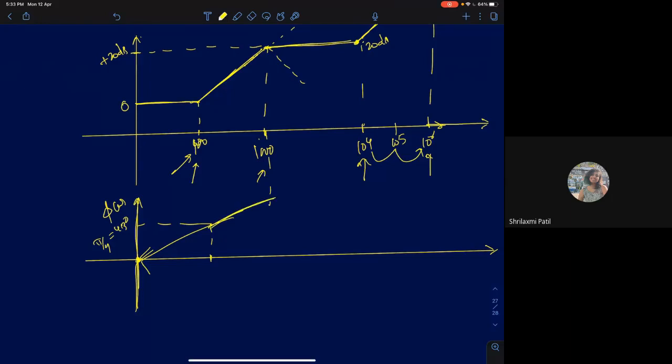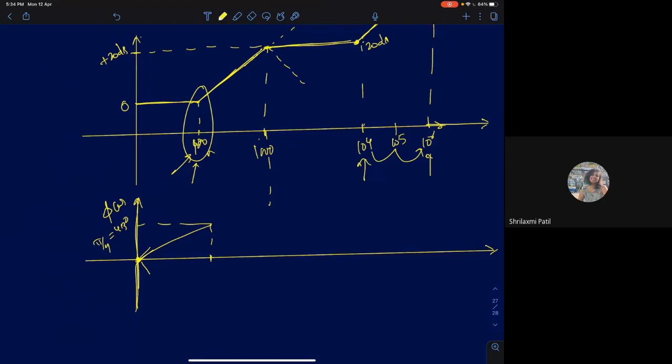By the time it reaches 1000, which is the first pole, can you tell me what will be the phase shift at that point? See, the phase graph you have to draw a little bit carefully. You have to keep in mind the pole starts its effect 1 decade before. The pole will start influencing the phase response almost a decade before itself. So it will go to 45 degrees here.